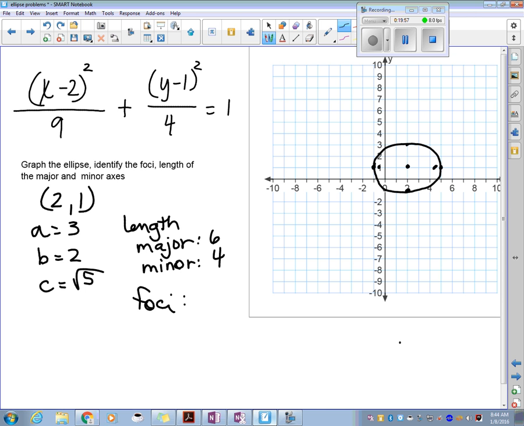So since this is the case, this is going to be on this line. So the 1's not going to change. The foci is going to have this 1 in it. But the x part is going to change. It's going to be 2 plus the square root of 5 and 2 minus the square root of 5.